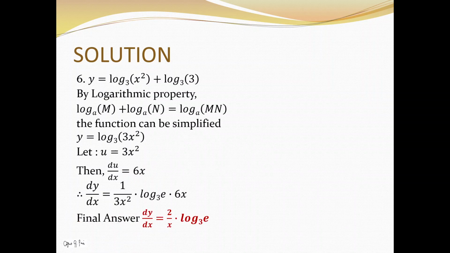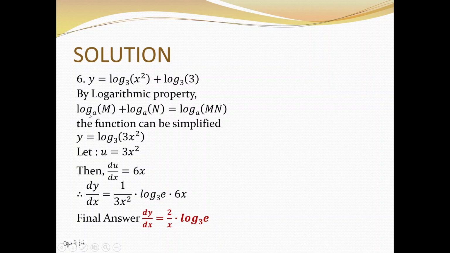For the number 6 example, we have this time that the function is y equals log of x squared to the base 3 plus log of 3 to the base 3. Now, if we recall the logarithmic property that if they have the same base, you can express the sum as a product.